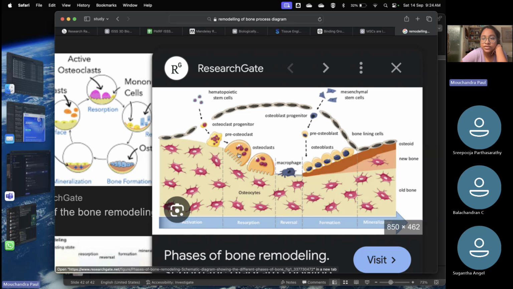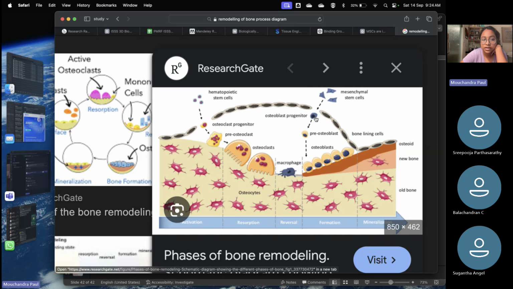The main cell types that work in resorption are the osteoclast cells, make sense? Whatever debris gets formed will be phagocytosed by macrophages here. Then for forming new bone, the osteoblast cells will be responsible. From where will the osteoblast cells come? They come from mesenchymal stem cells.